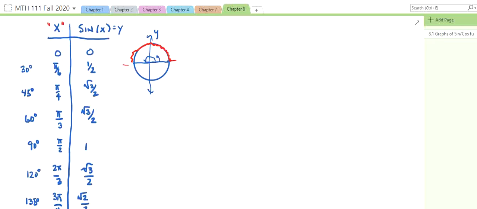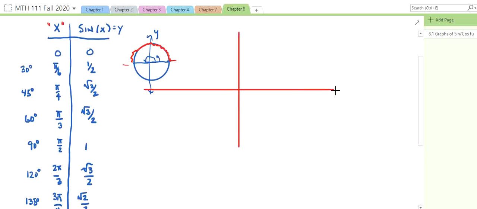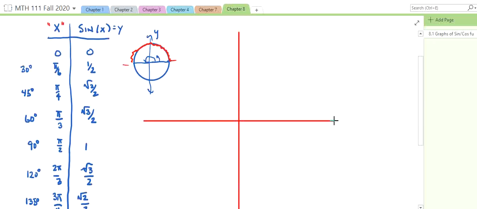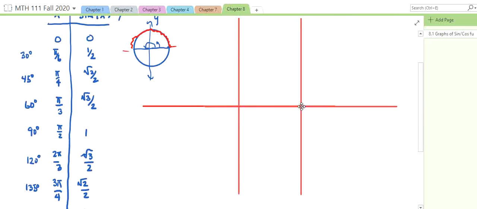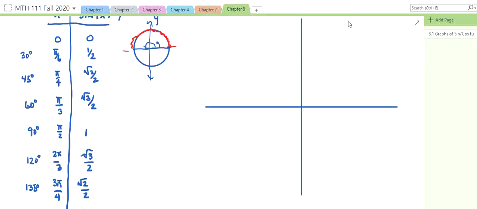Because what I want to do is plot this argument, or the independent variable, versus the dependent variable y. And that's what I want to do over here. Let's do it here like this. So now I want to plot this function that I have in the table over there.